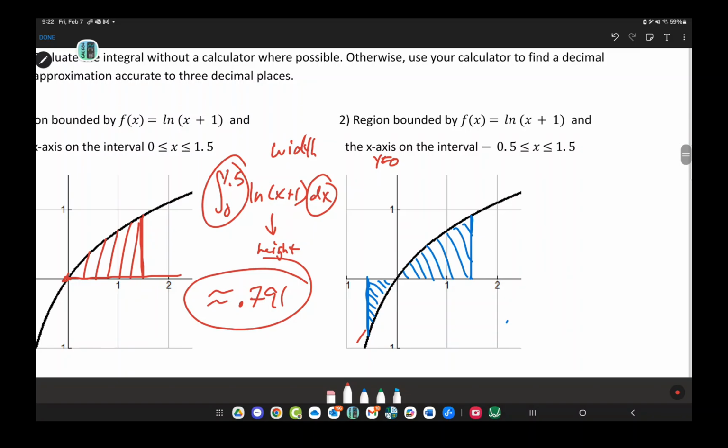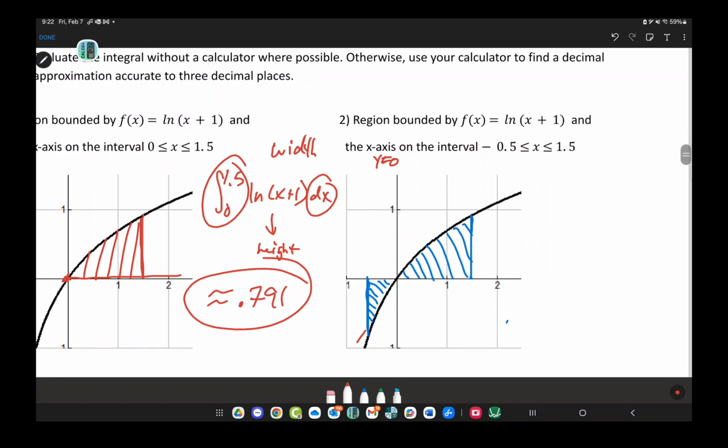Why didn't I subtract my lower function? What was the lower function? The x-axis. What's the equation for the x-axis? What happens when I subtract 0? Nothing happens. There's no need to put minus 0 on there. That's why it's not included in that first one.